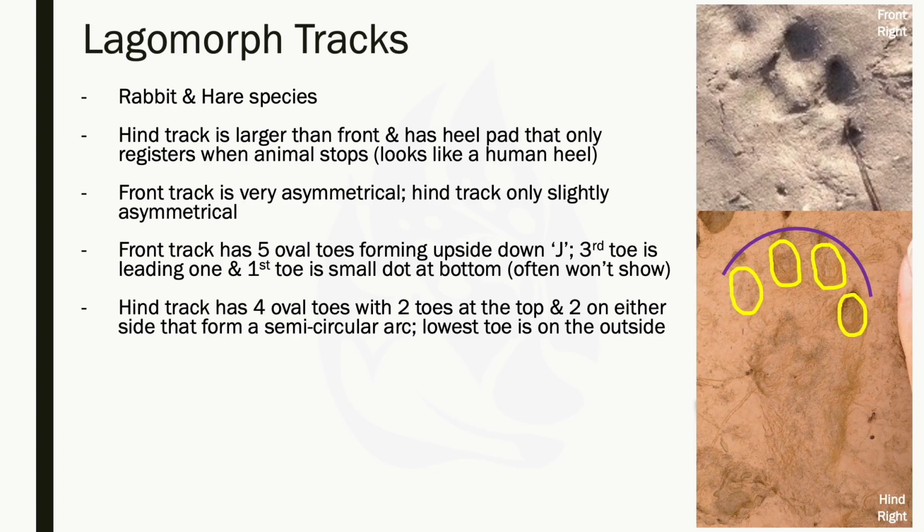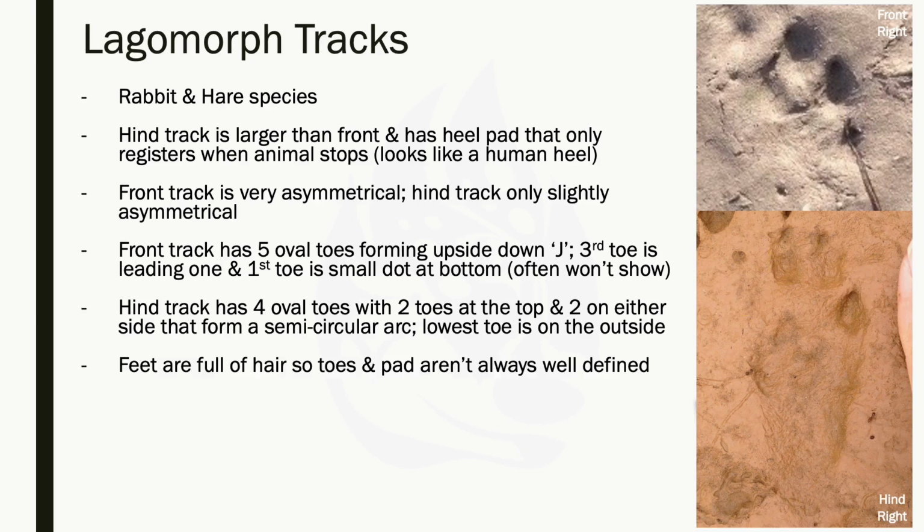So again, it is slightly asymmetrical, but not nearly as much as the front. And the lowest toe will be on the outside of the foot. So again, these are both right feet. And you can see that even though it's more symmetrical than the front foot, we do have a low toe on the outside, but there's not a 5th toe. You won't see that show up like you do in the front foot.